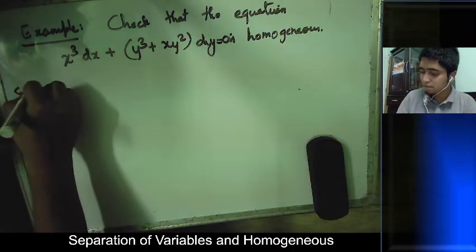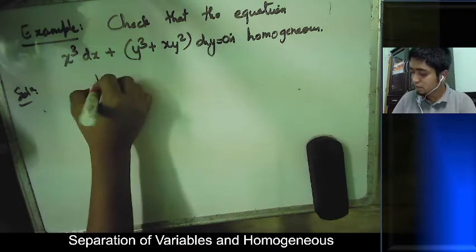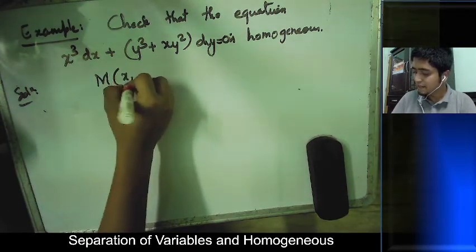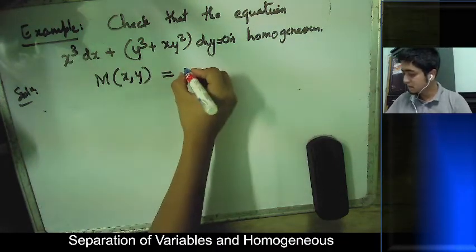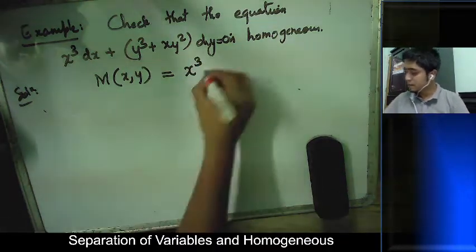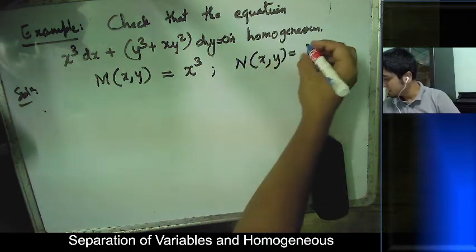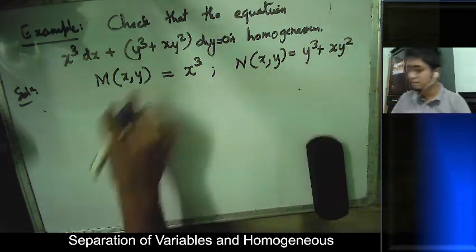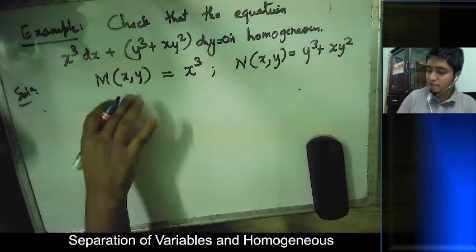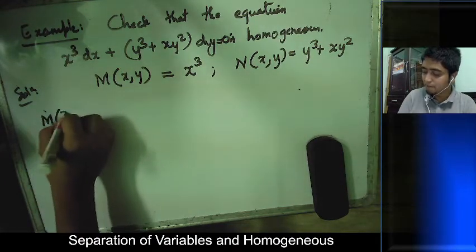So, solution: we can write this one as M, this one as N. Here we are getting M(x, y), which depends on x. Similarly N(x, y) is equal to y cubed plus xy squared. So this one is N. What happens if we replace x, y by λx and λy?